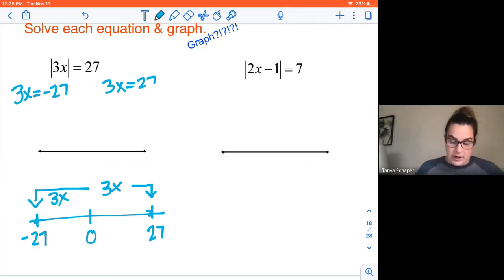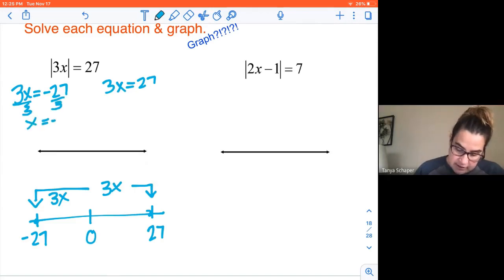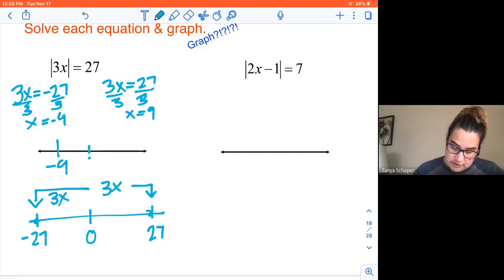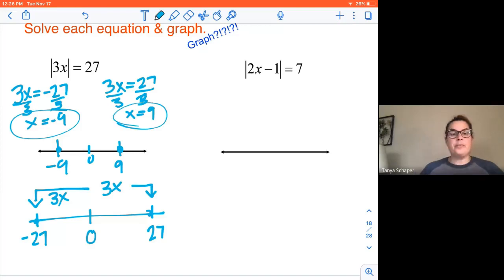And so when I solve these out, I'm going to divide by 3. So x equals -9. x equals +9. So my two answers are 9 and -9. And this is a 9, by the way. Okay. Two answers, two sides of 0.